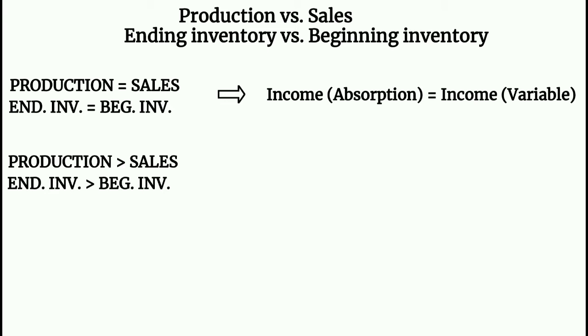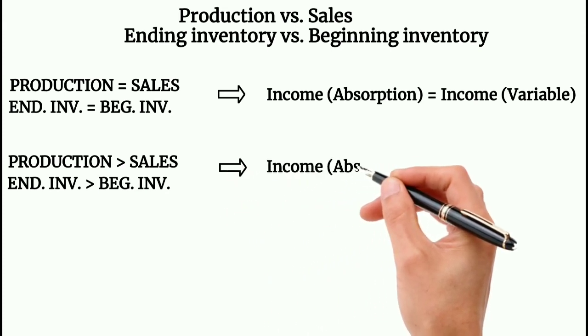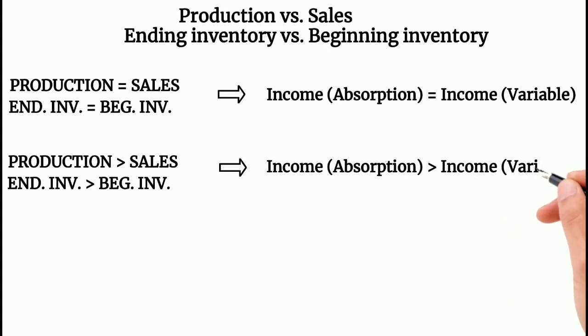Kung ang production ay mas mataas sa sales and at the same time, kung ang ending inventory ay mas mataas sa beginning inventory, ang net income under absorption costing ay mas mataas kaysa sa net income under variable costing. The net income under absorption costing is greater than the net income under variable costing.